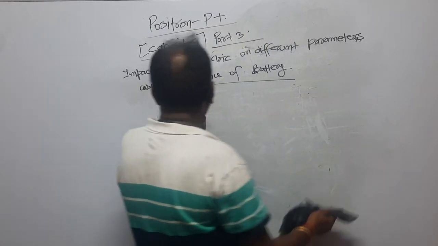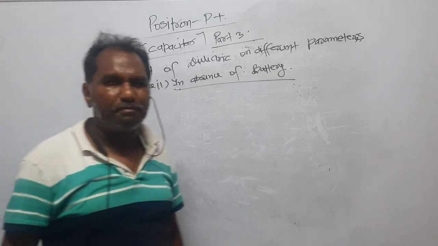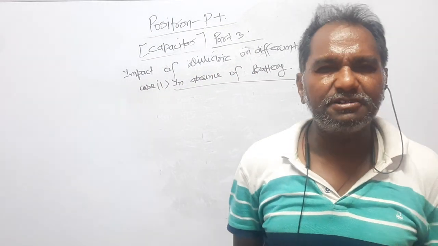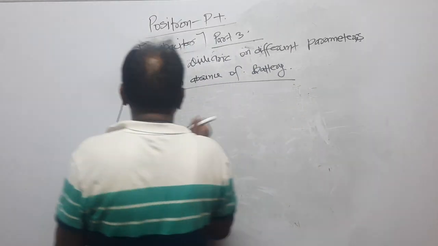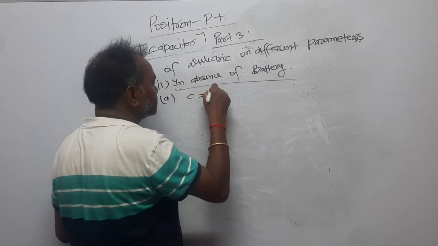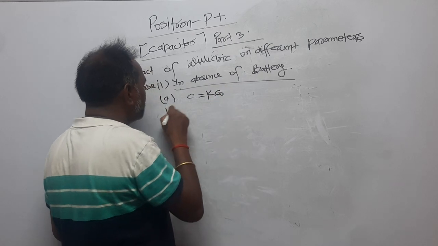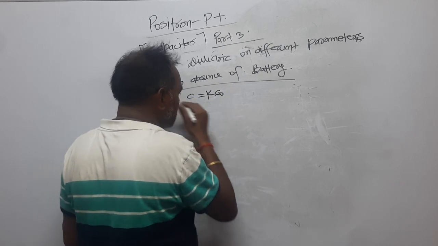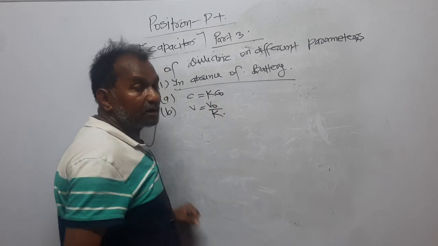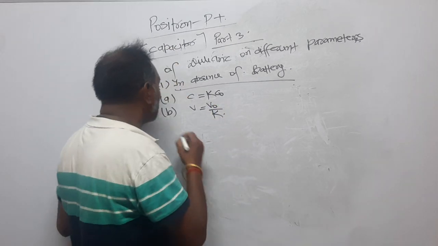We have introduced the dielectric between the plates of the capacitor, but in the absence of the battery. Battery is not connected. So, the first parameter, that is capacitance, becomes K times. Second parameter, V is equal to V naught by K. Right? The potential is reduced. Why?